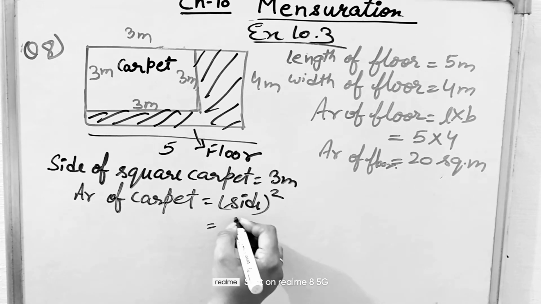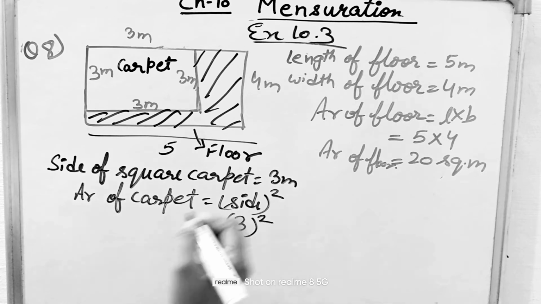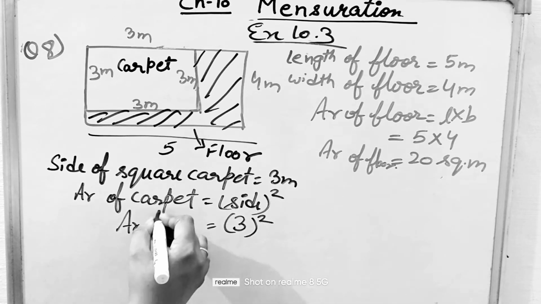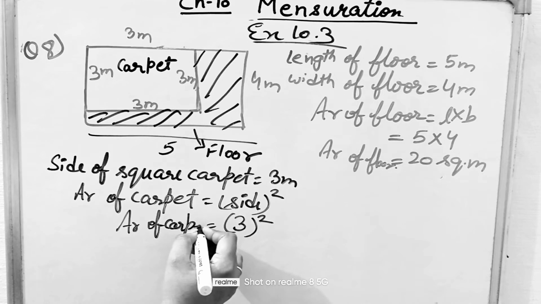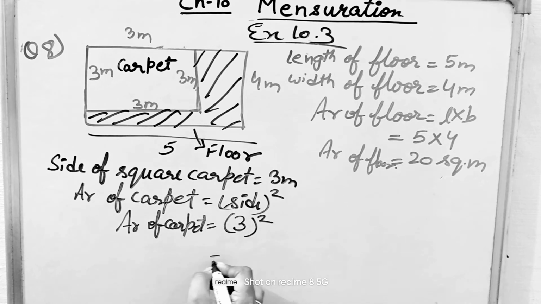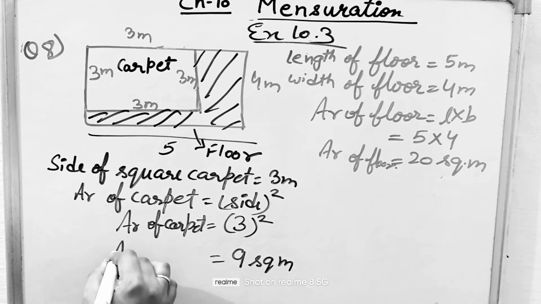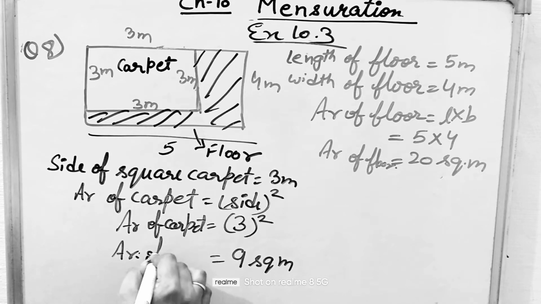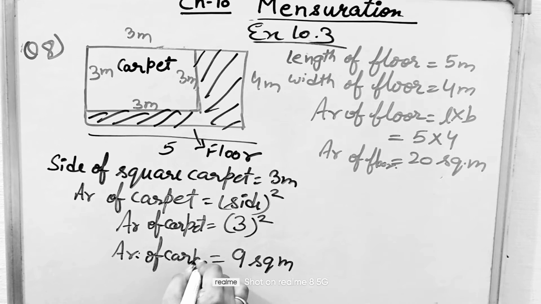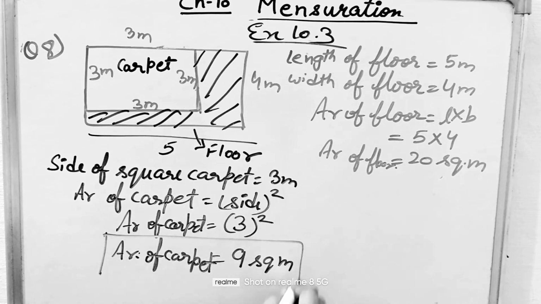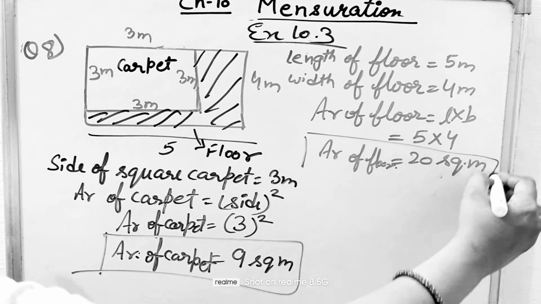Now side is 3 meters raised to the power 2. This is area of carpet. Now solve it and you will get 9 square meter. This is area of carpet. Right, so both areas are there with us.